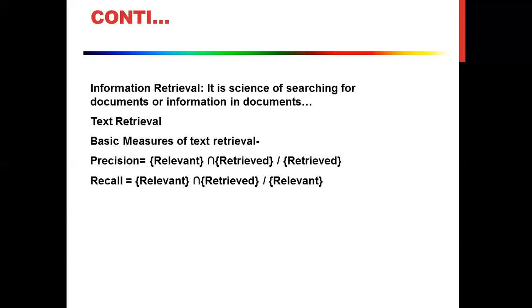Precision is one kind of parameter that measures how you have retrieved that data. Is it relevant and accurate? We are checking the accuracy of extracting text from a huge database using precision and recall. Precision means: when you have extracted the text, is it relevant, and how many records have you retrieved? It is the intersection of relevant and retrieved, divided by retrieved. From the documents you have retrieved, we have to find the ratio of those that are relevant. You find the intersection of the relevant documents and the retrieved documents, and divide by how many documents you have retrieved.